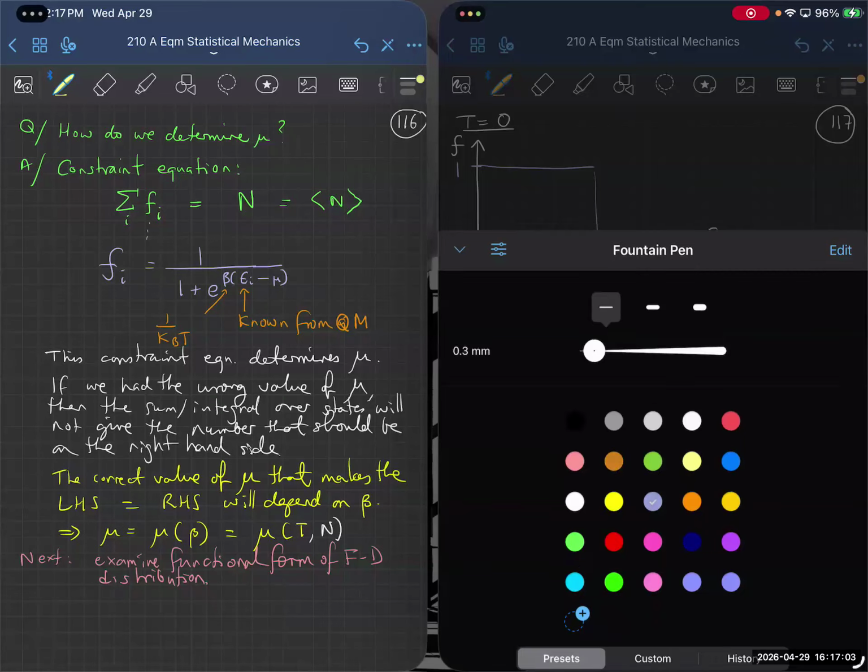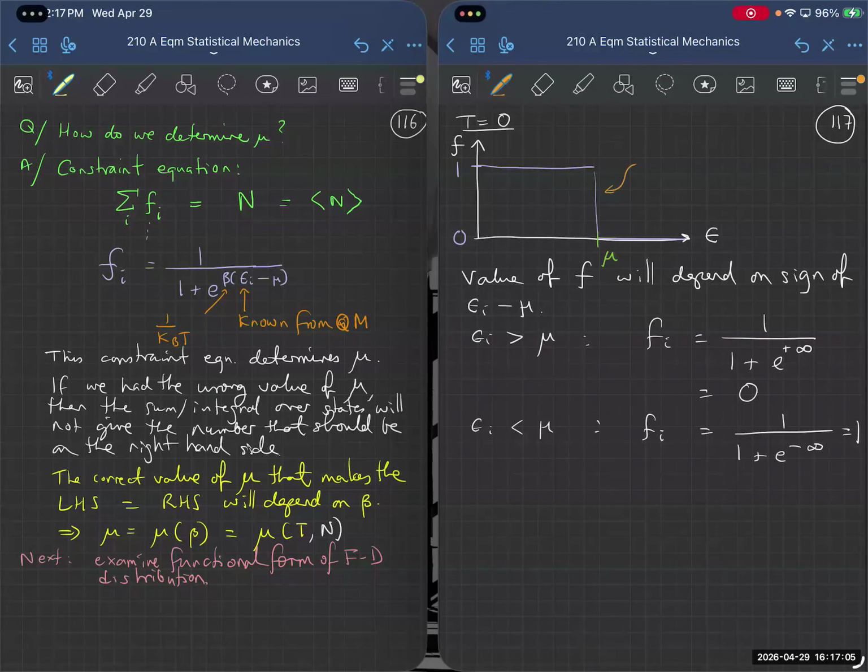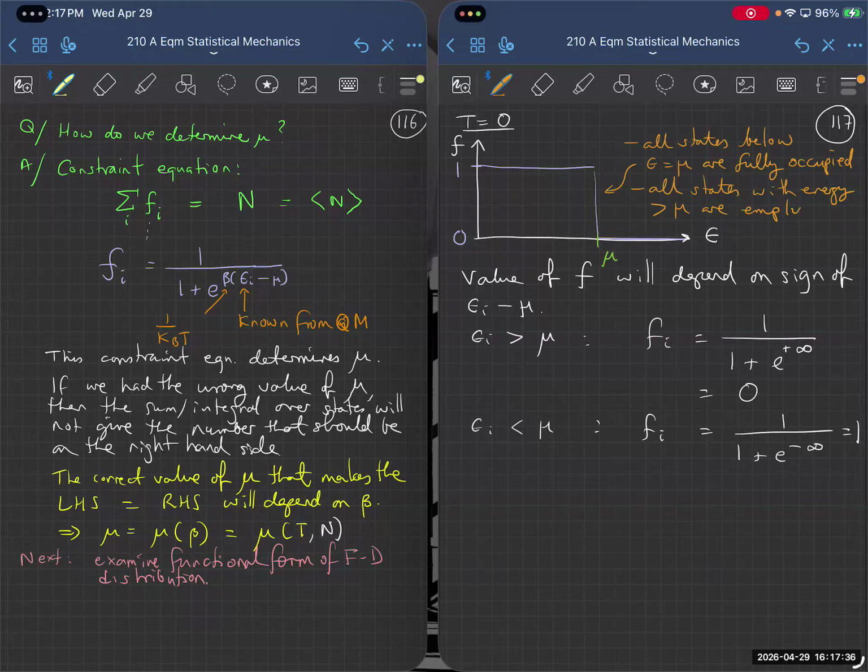This picture says that all states below epsilon equals mu are fully occupied, and all states with energy greater than mu are empty. So that's the situation at 0 temperature.